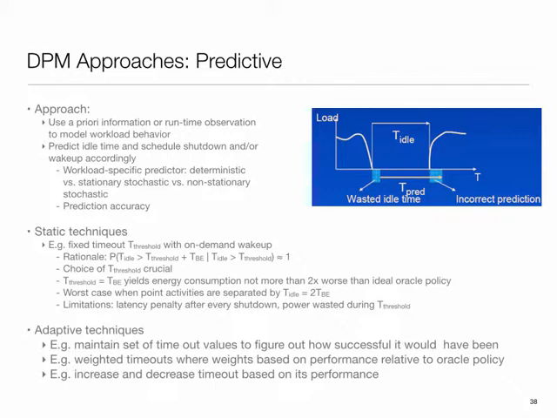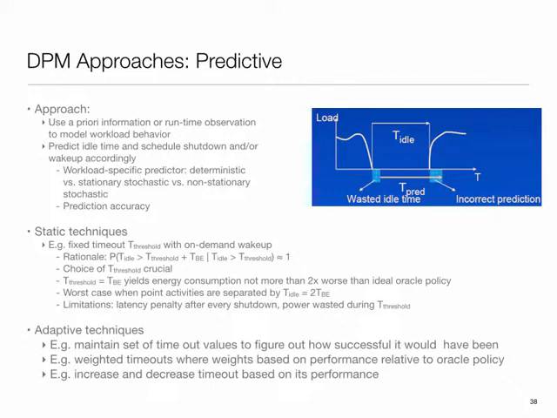Oracle, who knew the future, would select at every point in time the right decision. So one can show that this threshold equal to break-even is optimum in the sense that it is no more than 2x worse than the ideal Oracle policy.